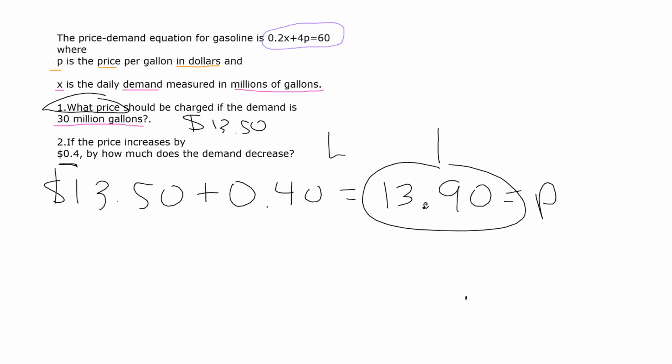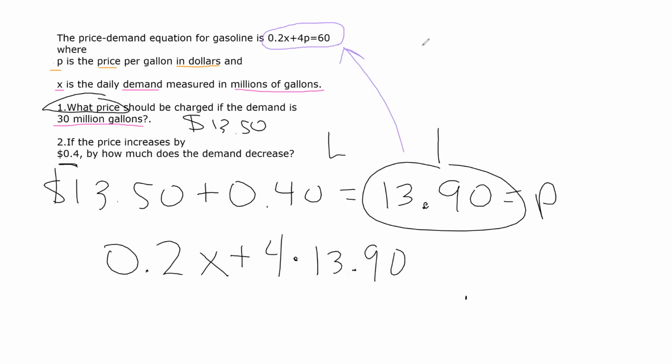I use my model. I'm always going to bring it back to this model. What do I know? What do I not know? I do not know the demand, so I cannot do anything to x. But I do know the price. I know the price is $13.90 because the price increased. And I know this equals 60.